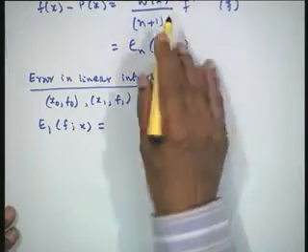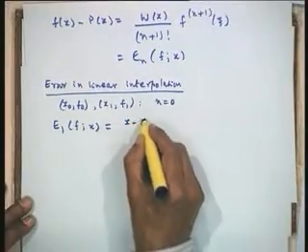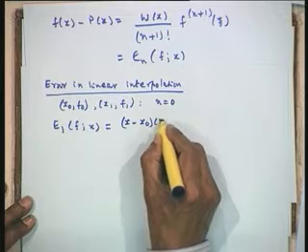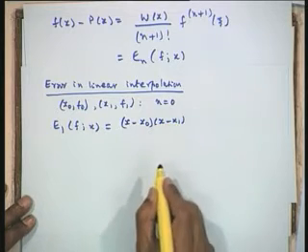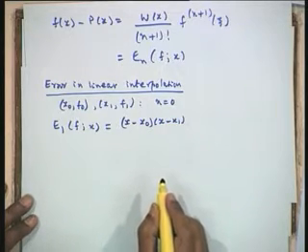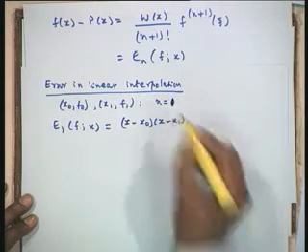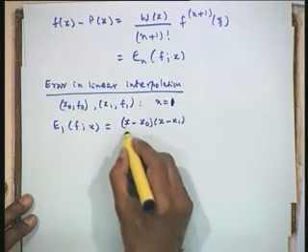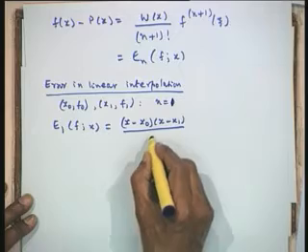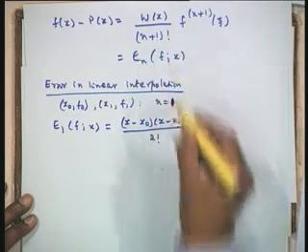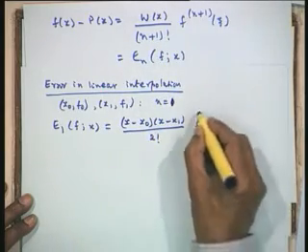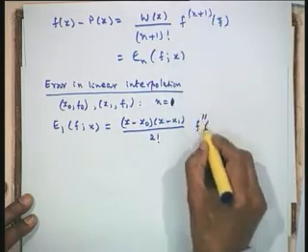Wx is the product of all the factors, that is x minus x0, x minus x1. Now n is equal to 1, there are 2 points, n is 1, divided by 2 factorial, 1 plus 1 is 2 factorial, and this is f double prime of psi.